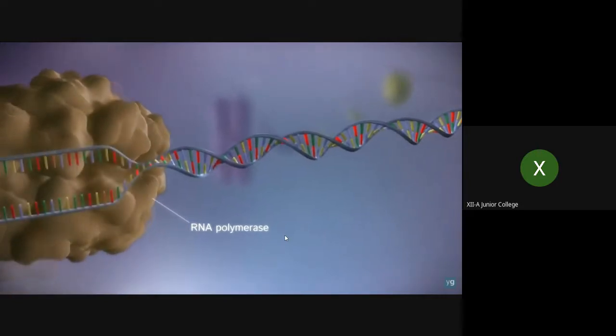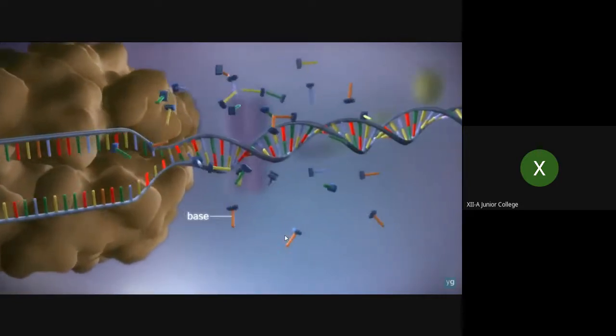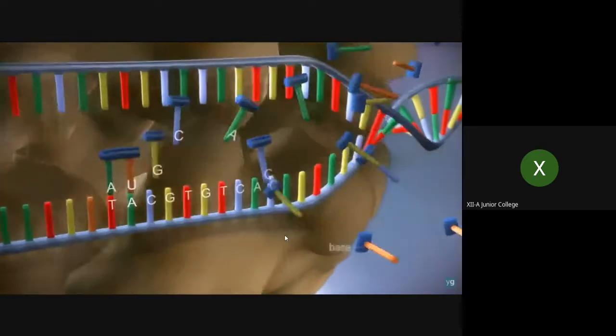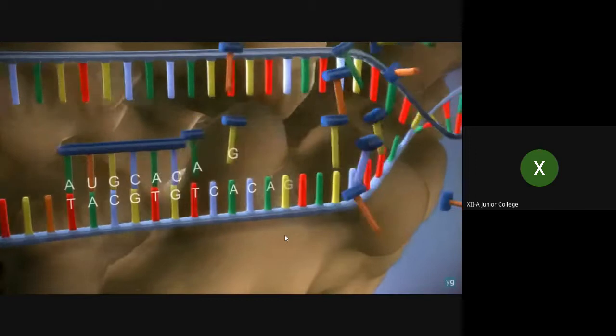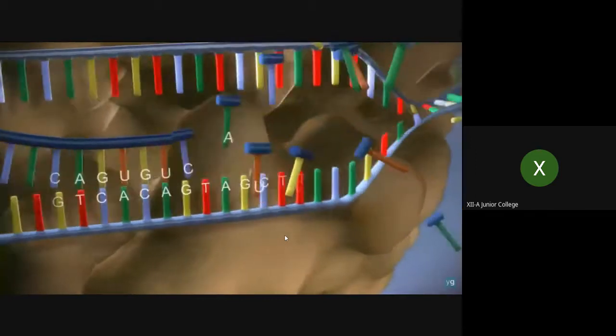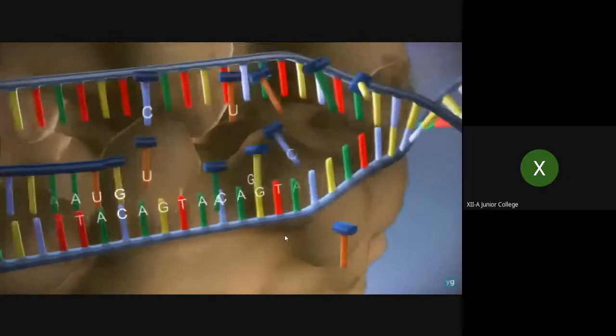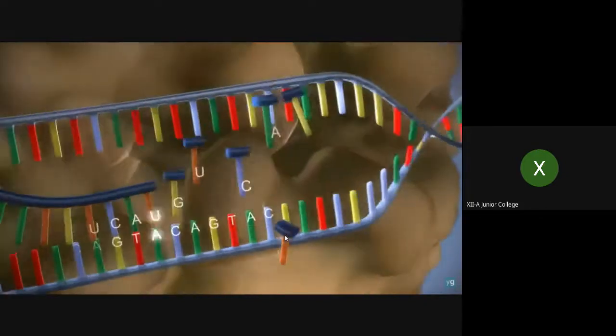RNA polymerase attaches to the gene. See how the RNA strand is formed. Complementary bases are added. This is called transcription.